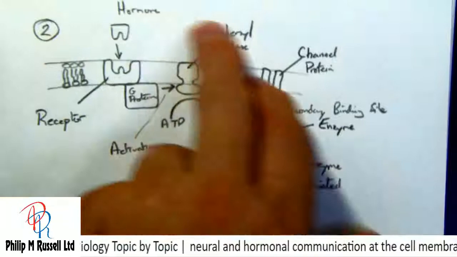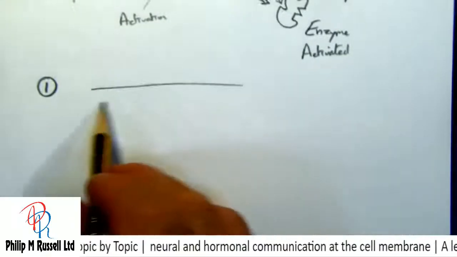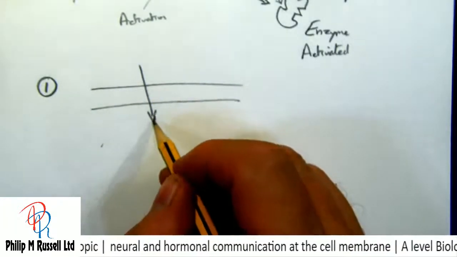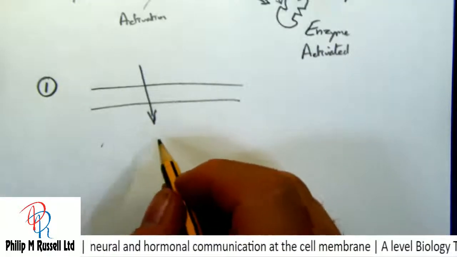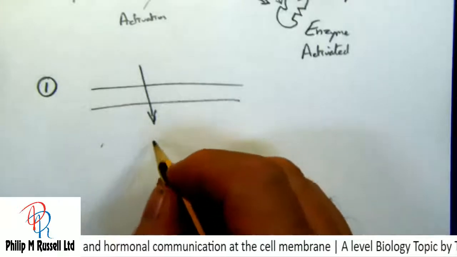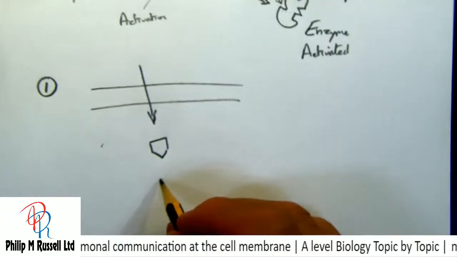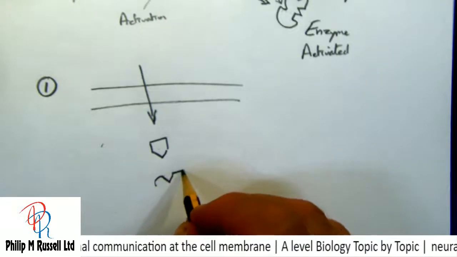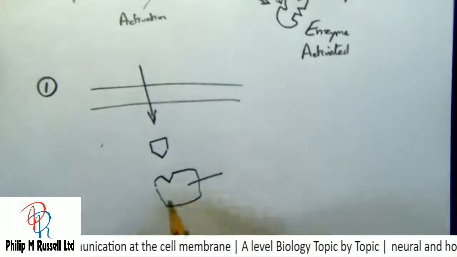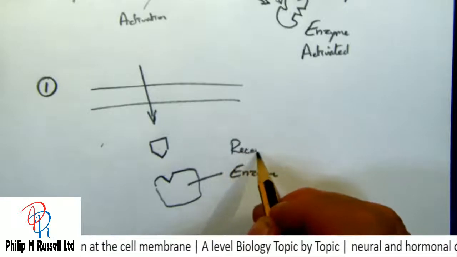So we've either got this sort of stuff coming in, or number one, we've got my membrane, which doesn't act as a barrier at all, and my steroid type hormone comes through, and as it comes through, we get some binding directly from my other type of hormone into some sort of receptor protein that's sitting there, and this could be an enzyme that's activated, or some other receptor protein.